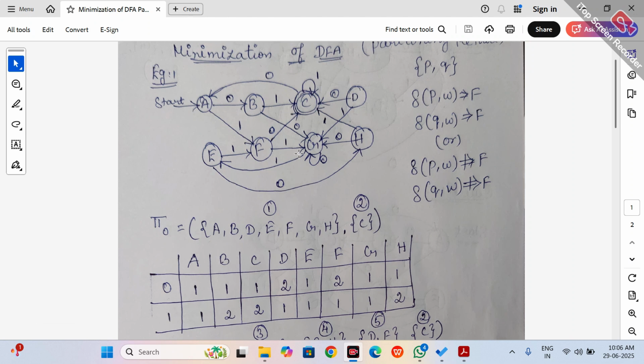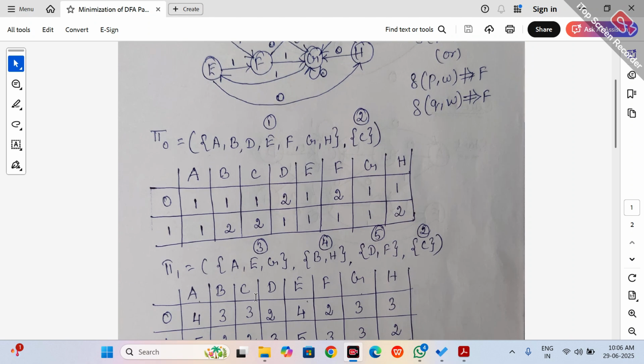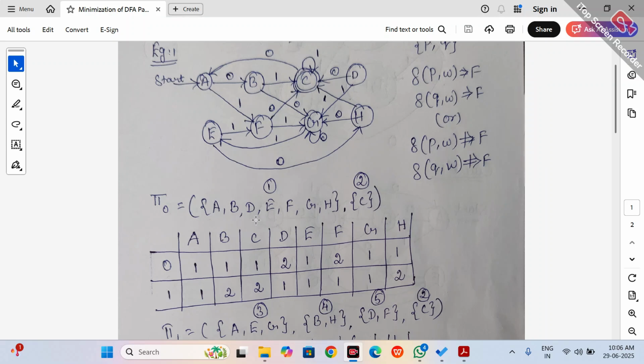For state C, input 1, it is the self loop. Here I made a mistake.